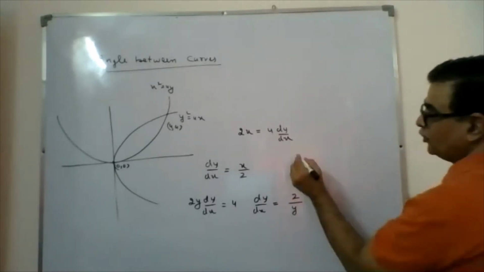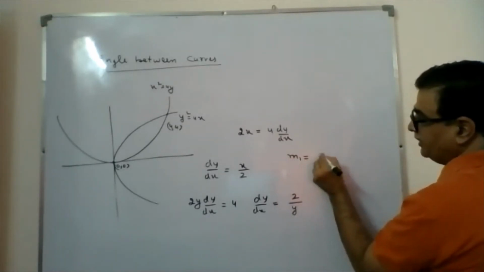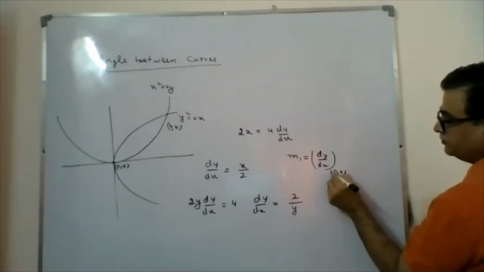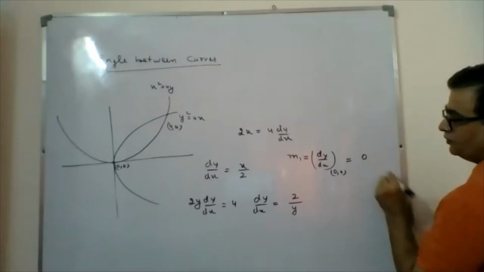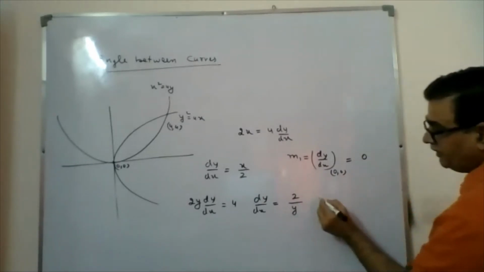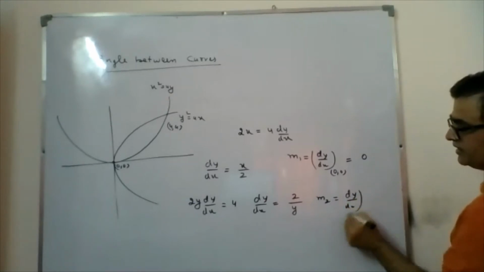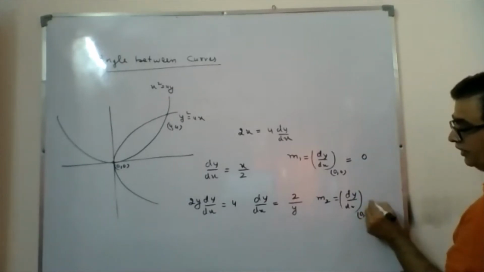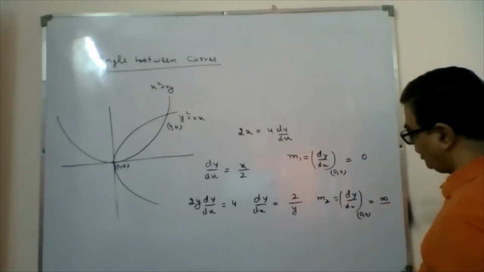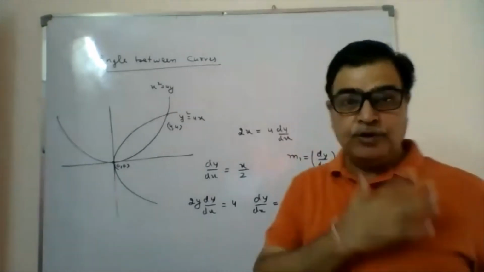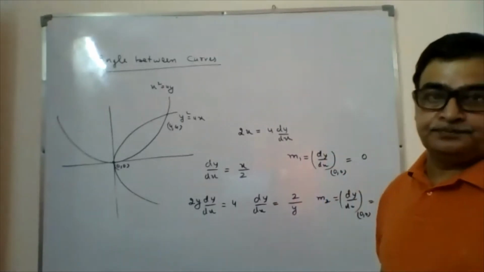Now when you take the point (0, 0), what is the slope here? dy by dx at (0, 0) is coming 0. In the same way, m2, that is dy by dx at (0, 0) for the other curve, comes out to be 2 by 0, infinity. And now we want the angle between the two.